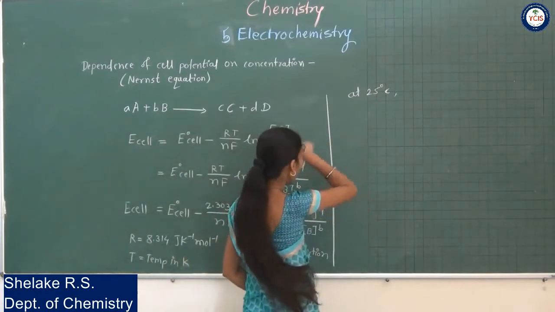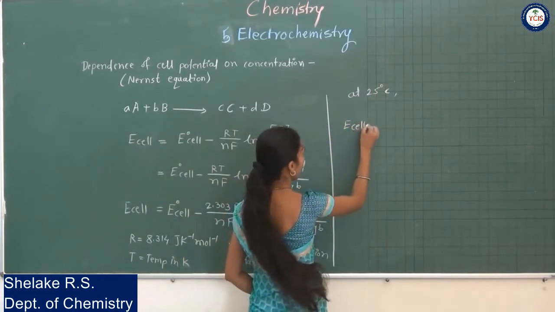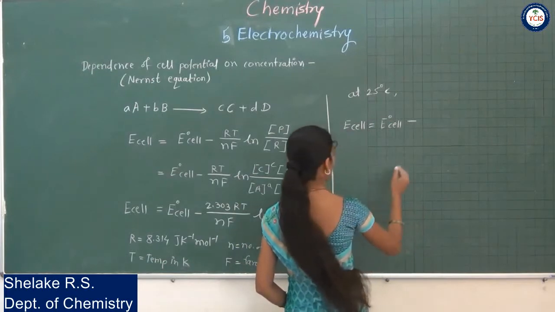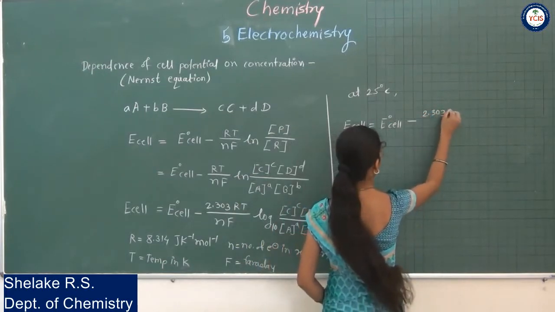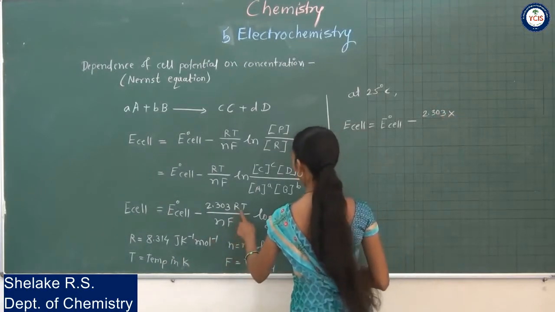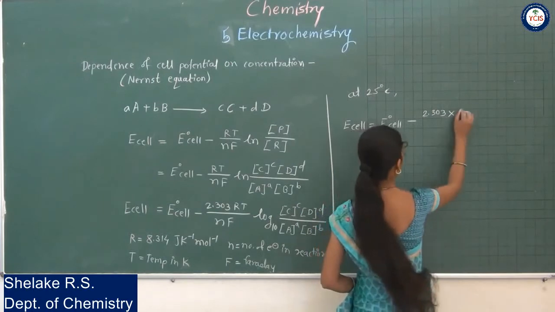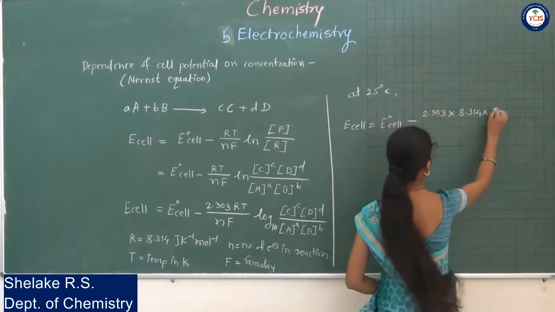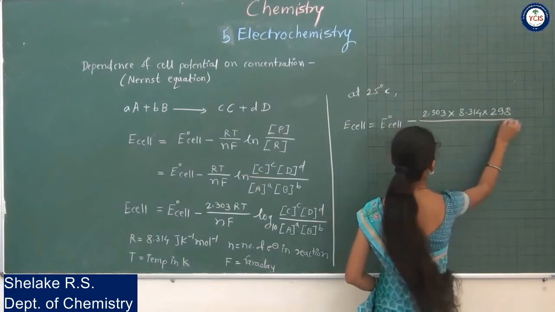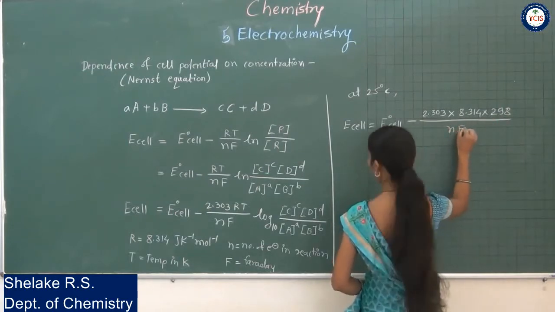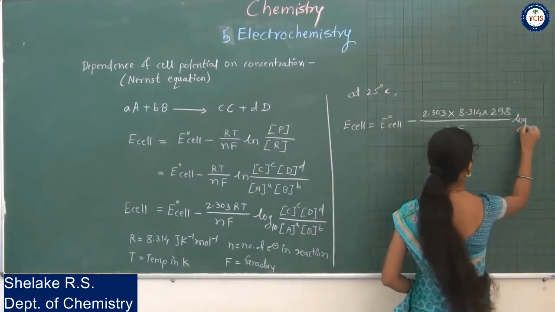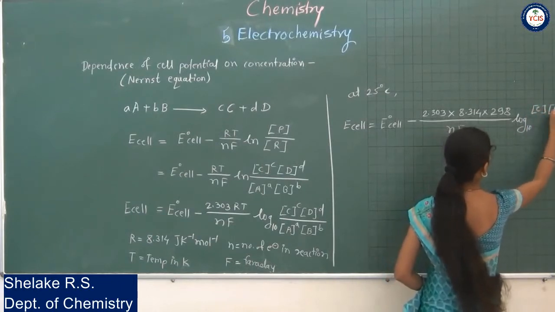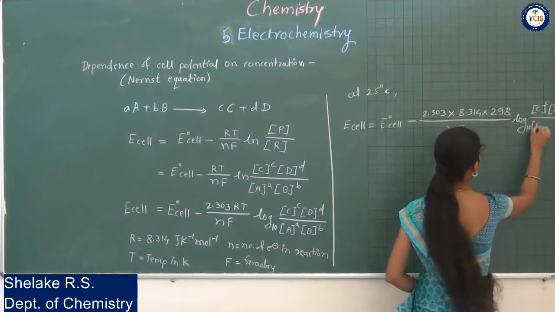We can write E cell is equal to E0 cell minus 2.303 into R, whose value is 8.314, into the temperature, 25 degrees Celsius meaning 298 kelvin, divided by NF, log to the base 10 of the concentration of product divided by the concentration of reactant.